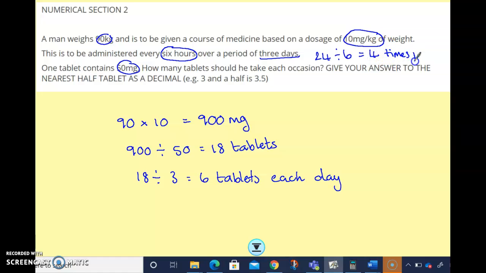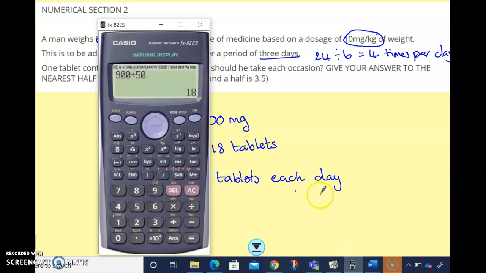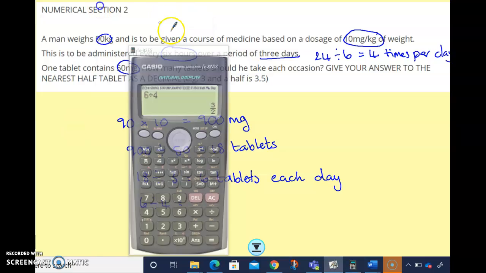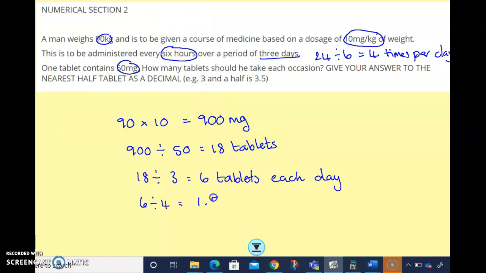It means he's going to take them every 6 hours, which works out as 4 times per day. So he's got 6 tablets each day. He's going to take 4 doses each day. So we're going to do 6 divided by 4, which is 1.5 tablets each time.